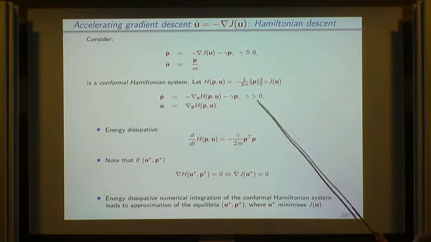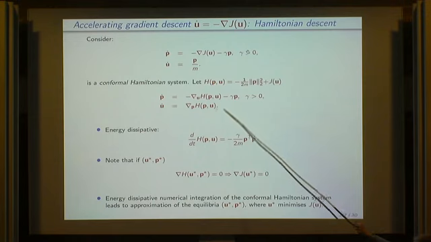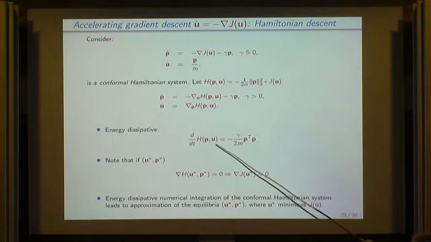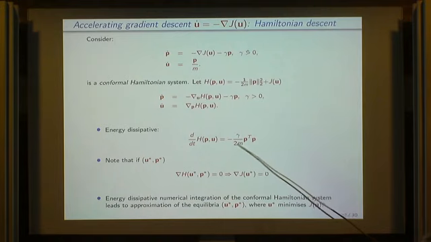So gamma is positive, and it turns out that the energy here is dissipated, is diminishing, and if u star, p star is an equilibrium point, so if the gradient is 0, then also the gradient of J, which is the function that you want to minimize, is going to be 0 as a consequence. Okay?